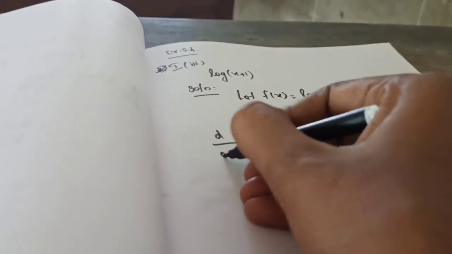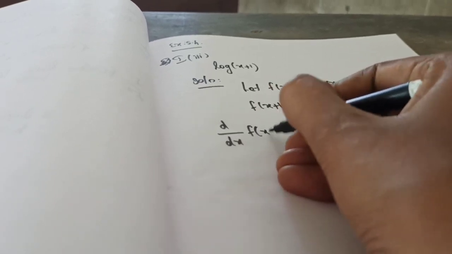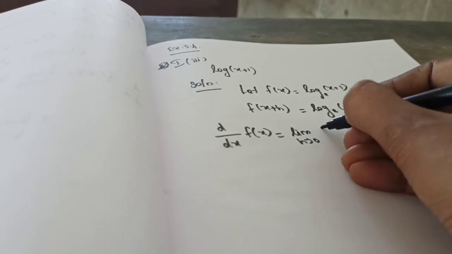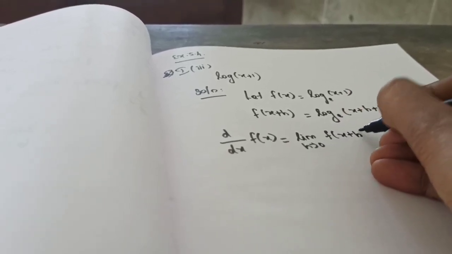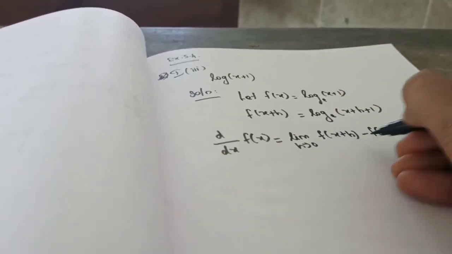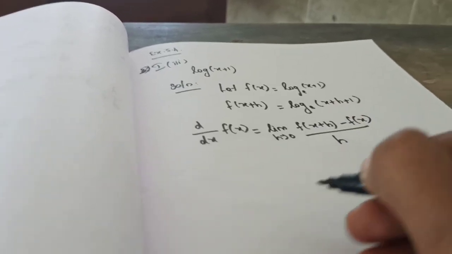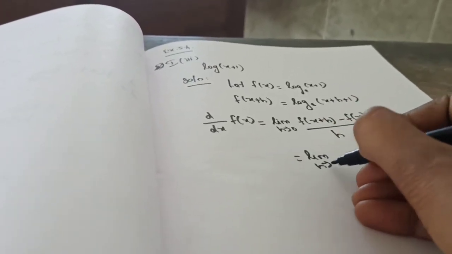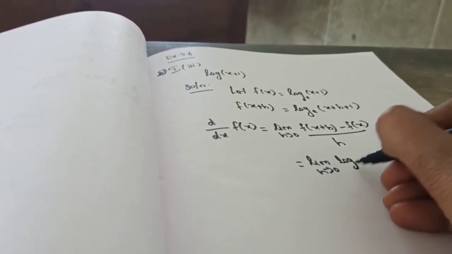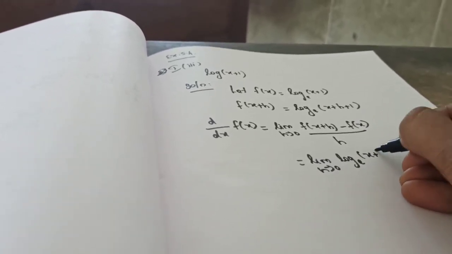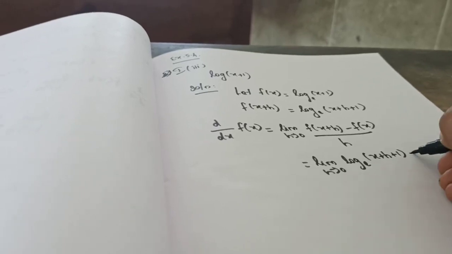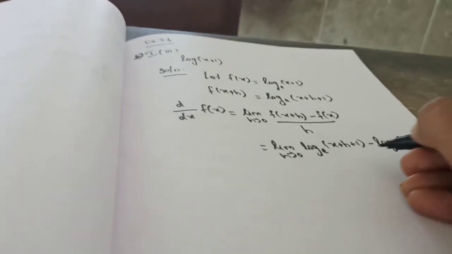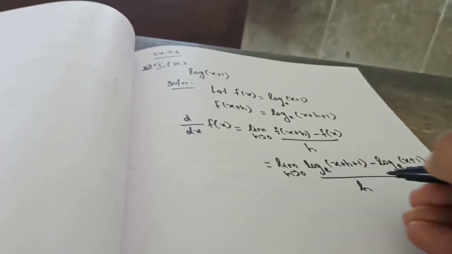Then d by dx of f of x is equal to limit h tends to 0 f of x plus h minus f of x divided by h. So substitute limit h tends to 0 log e of x plus h plus 1 minus log e of x plus 1. Correct? Divided by h.